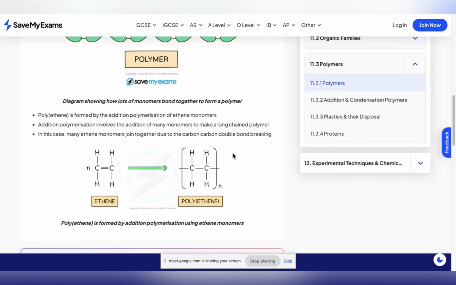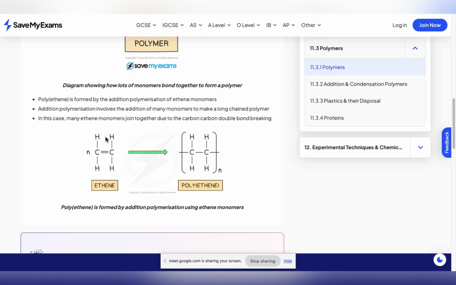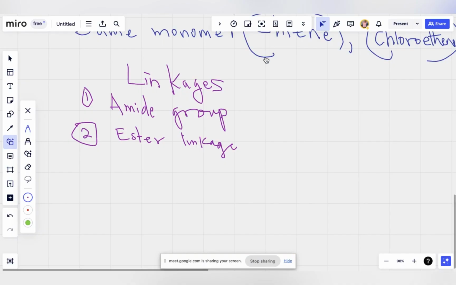Now for addition polymerization, we already mentioned that you can take ethene to add onto itself multiple times, under pressure and heat, and it will form polyethene. Why we put bracket N here is that we're saying this is continuous. I showed that from the beginning of the class.